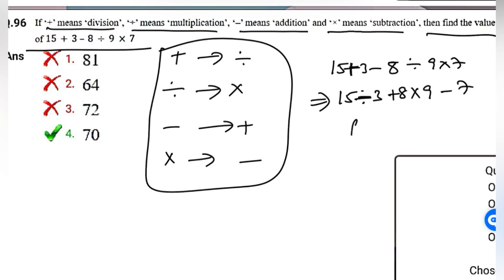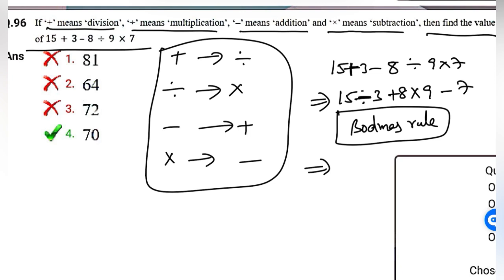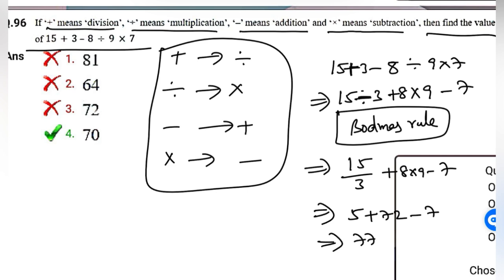Let's apply BODMAS rule here, which means 15 divided by 3 plus 8 into 9 minus 7. That is 5 plus 72 minus 7, which means 77 minus 7, that is equal to 70.